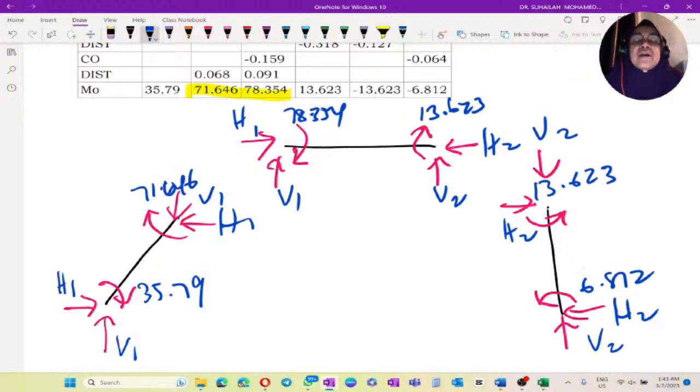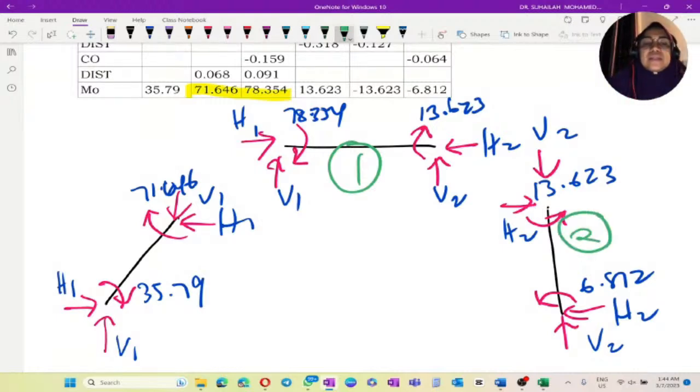And from this, we will analyze the beam and column to get the value of actually AX and DX, or H1 and H2, in order to calculate the restraining force. Okay, so for the restraining force, the first step is we have to analyze this. The second step is this. The third step is this.